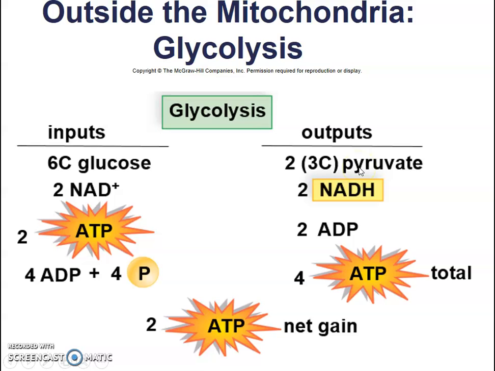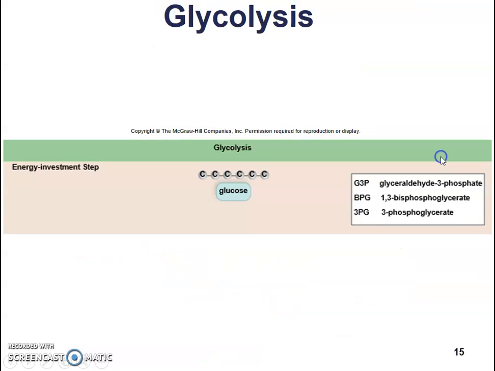Each one contains 3 carbon molecules. We now have 2 NADH molecules, 2 ADPs because we used them to get the reaction started, but we've also stuck these phosphates onto the ADP, gaining us 4 ATP, but we have to pay back the 2 that we borrowed before, so we end up with a net gain of 2 ATPs.